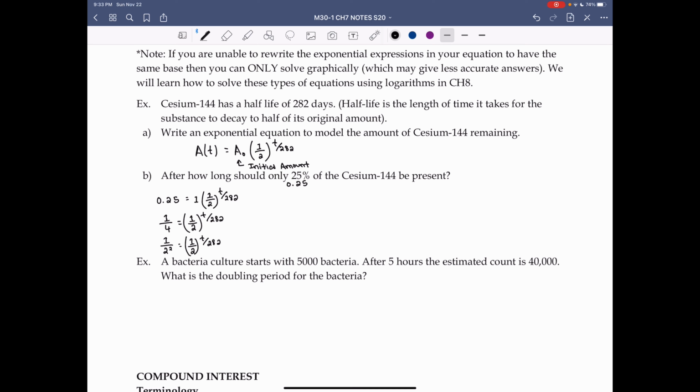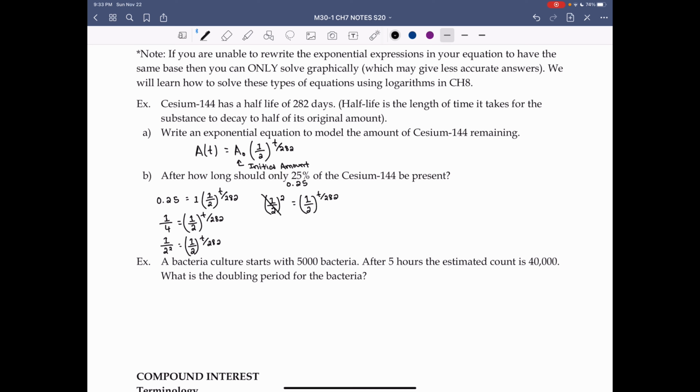Then the first fraction, 1 over 2 to the power of 2, I can write as 1 over 2 brackets to the power of 2 equals 1 over 2 to the power of t over 282.